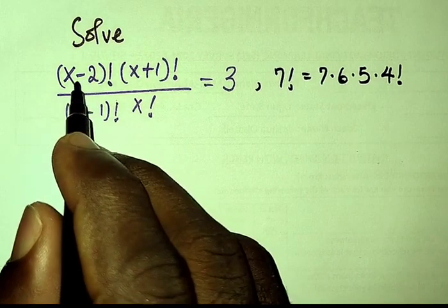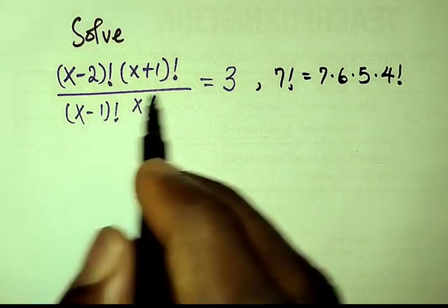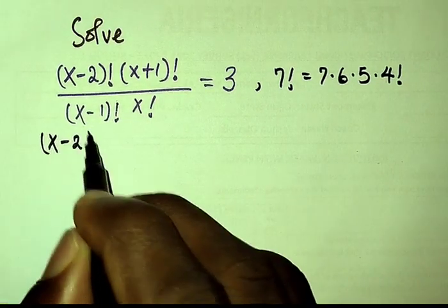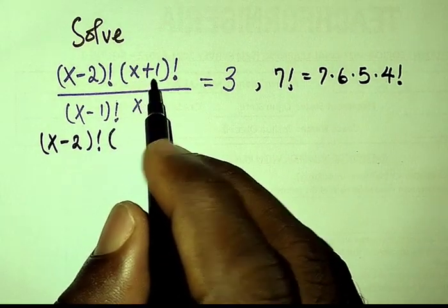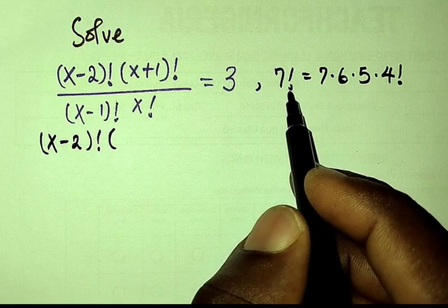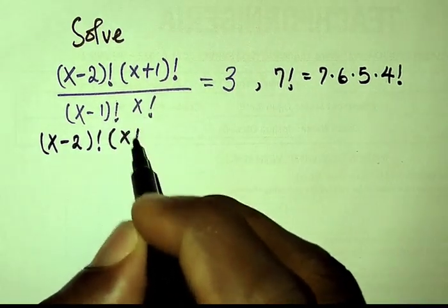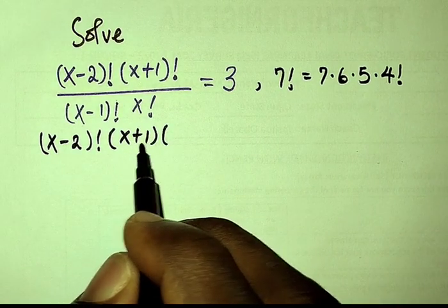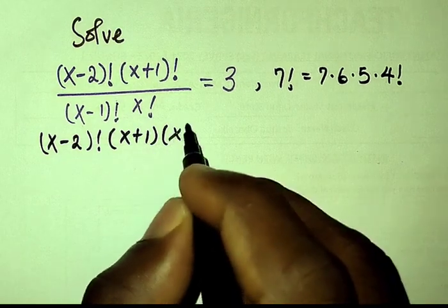So now let me work on the numerator first. Here I'm going to be having (x minus 2)!, then here (x plus 1)!. So let's take it as the 7 factorial that we have here. Definitely this place we are going to have x plus 1, then the next one is when we remove 1 from x plus 1, we are going to be having x.